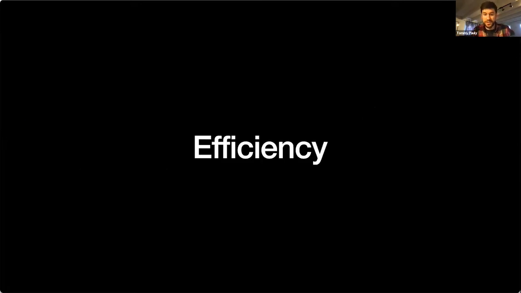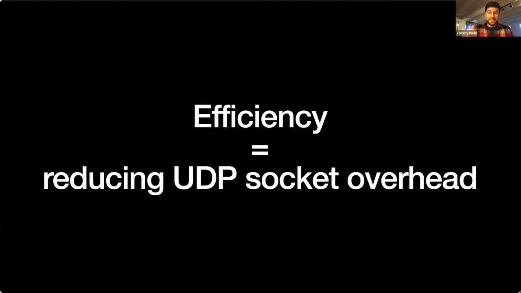The other big challenge for the client OS is to make QUIC efficient. Quite simply put, this means reducing the overhead of UDP sockets sending and receiving tons of little packets. This is something that TCP sockets got away with because they were dealing with big chunks of stream data instead of individual packets.